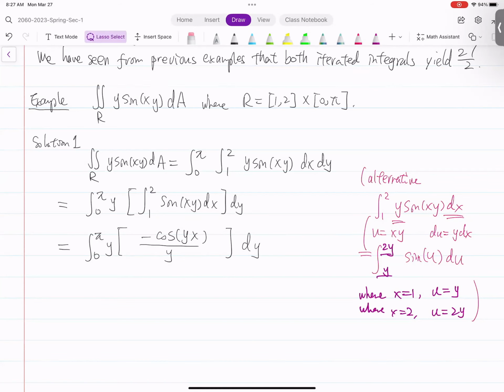And of course, if you are writing this down, also make sure that you double check by differentiating. Okay? So negative cosine gives you sine as a derivative, and then the chain rule will give you the additional y. Okay.